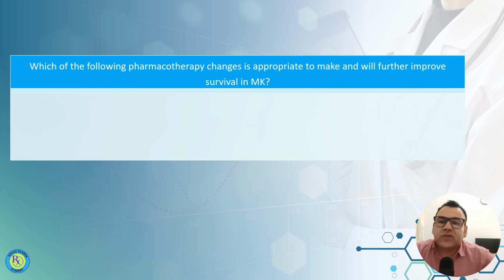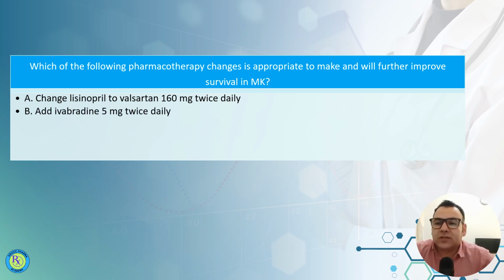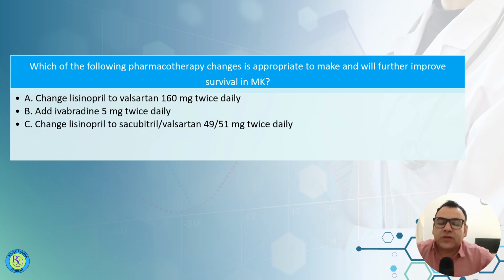Last question: which of the following pharmacotherapy changes is appropriate to further improve his survival? Is it change lisinopril to valsartan 160 twice daily, add ivabradine 5 mg twice daily, change lisinopril to sacubitril valsartan 49/51 twice daily, or change to sacubitril valsartan 97/103 twice daily?